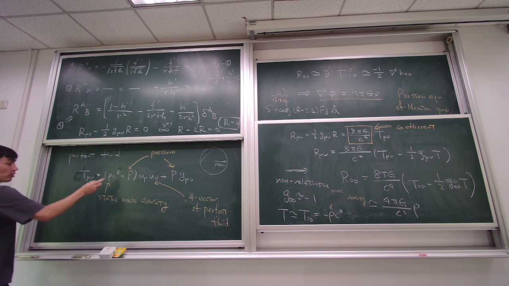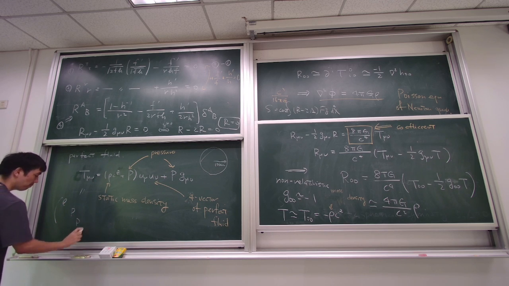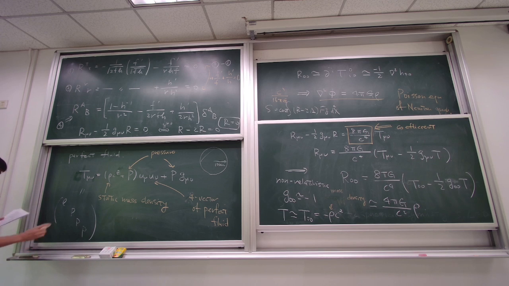Okay, rest frame. So this one is the rest frame. This is equal to ρc², maybe c² and p. If you take a rest frame, u^μ is something like (1, 0, 0, 0).